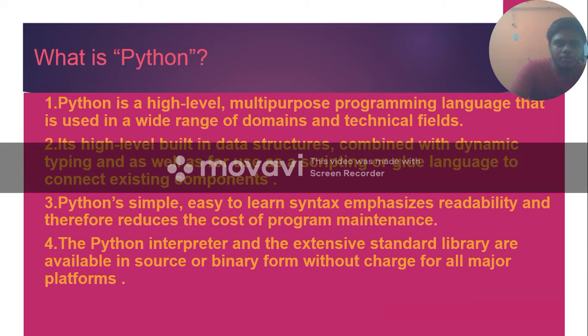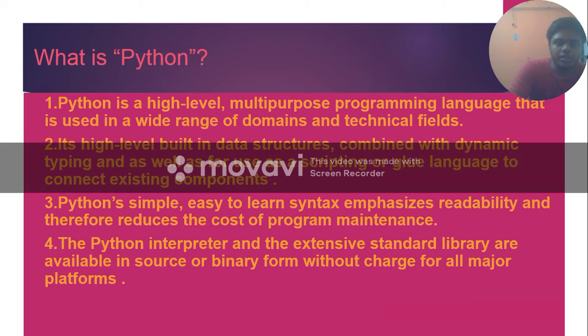Nowadays we are hearing the word Python often, and in software companies they are mainly focusing on Python as a main tool. Python is a high-level programming language that is used in a range of domains and technical fields.